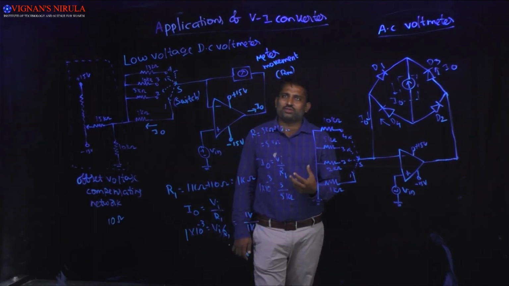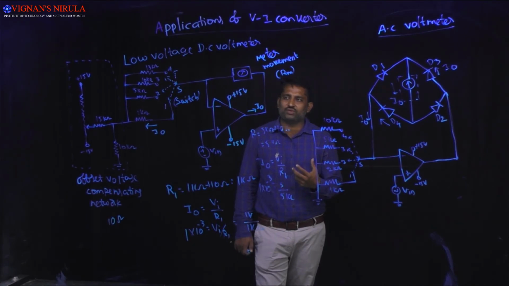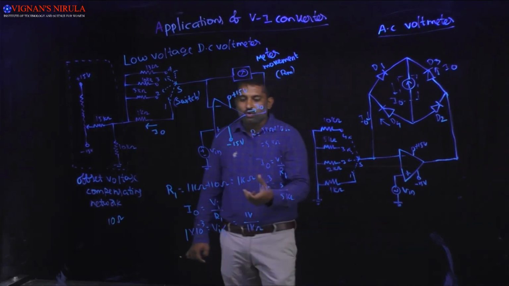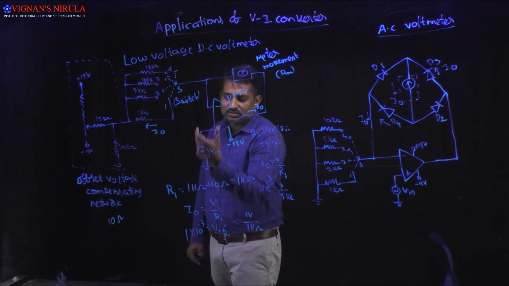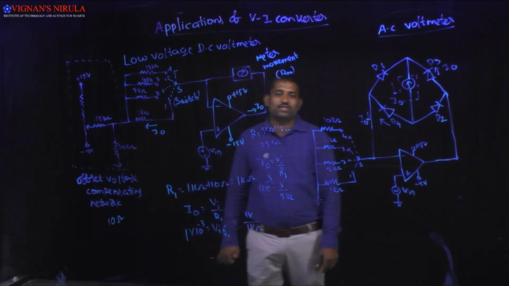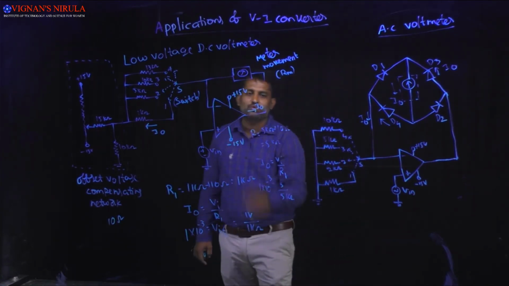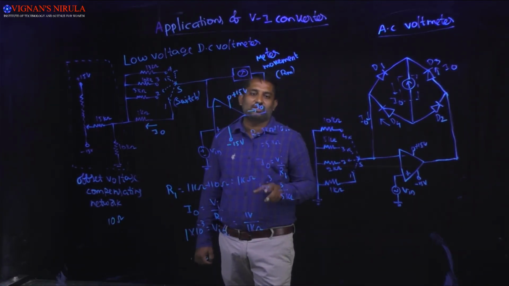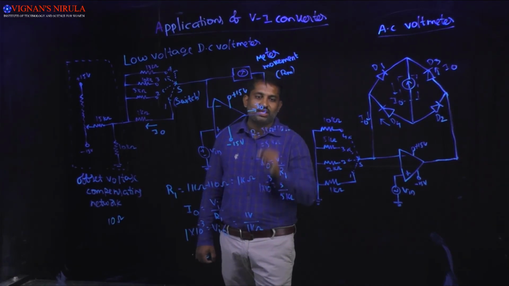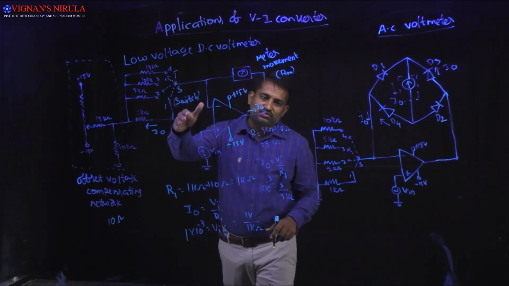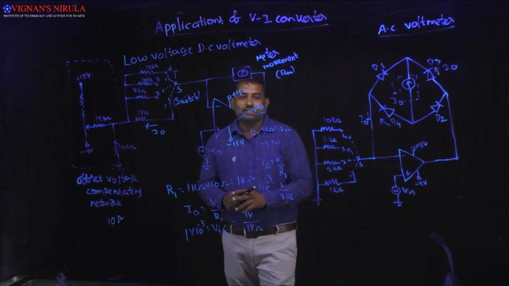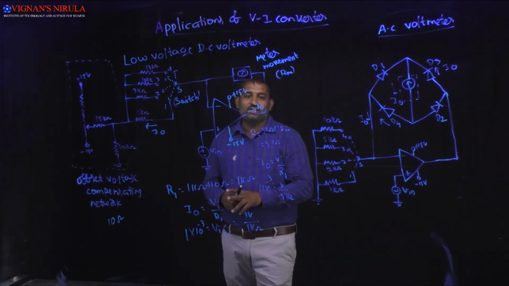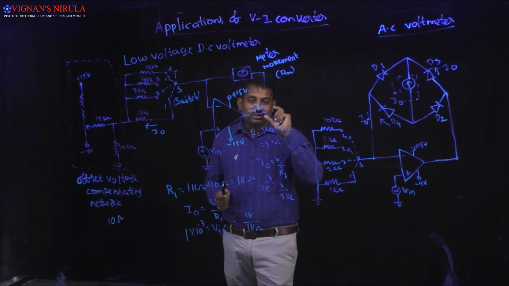Now what I want to tell you is in the applications of V to I converter, the output current always depends upon the input voltage. For example, if you are assuming the full scale deflection in the D'Arsonval meter is 1 milliampere, then depending upon the switch positions, the input voltage will be varying. And take care while you are choosing the input values.